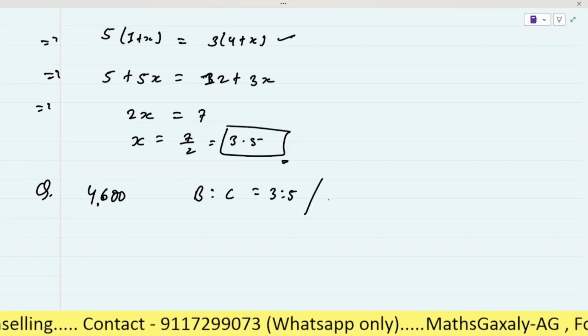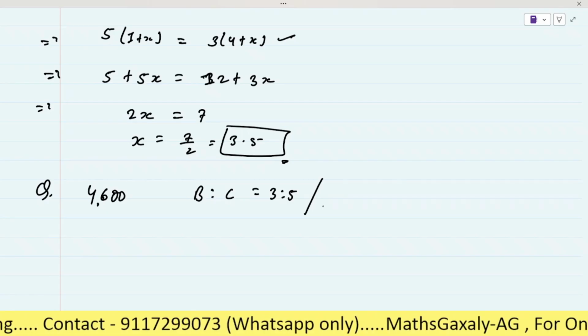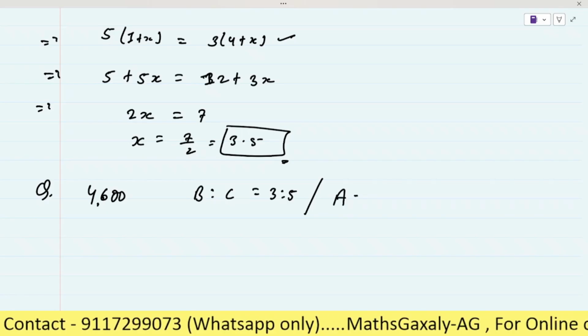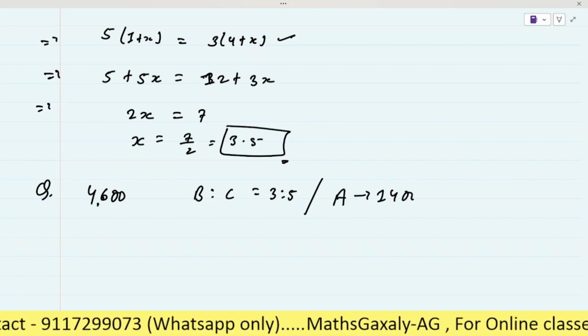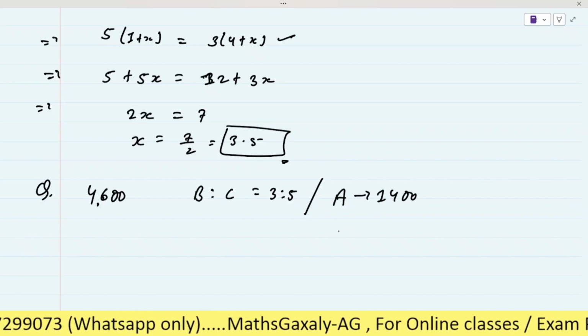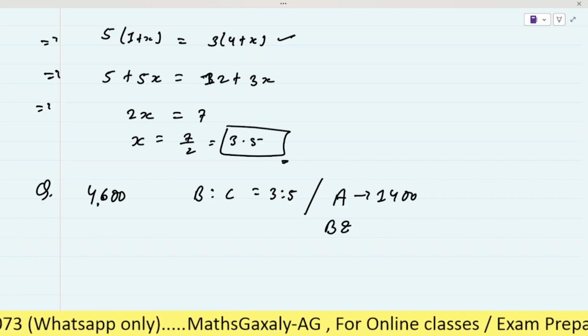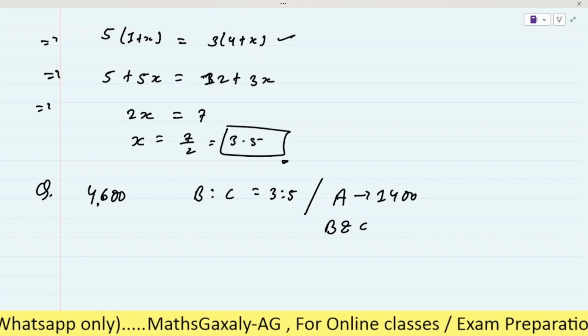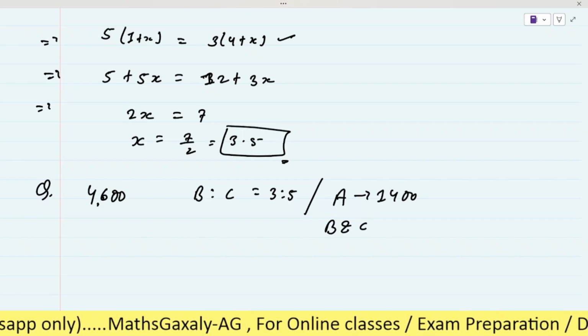If the share of A is 1,400, then find the difference between the share of B and C.